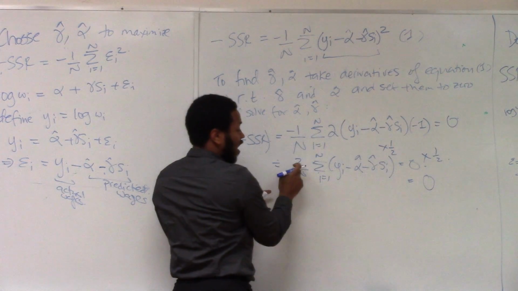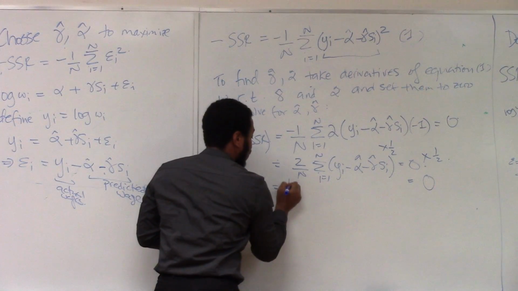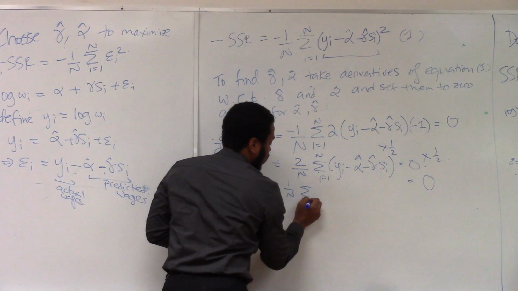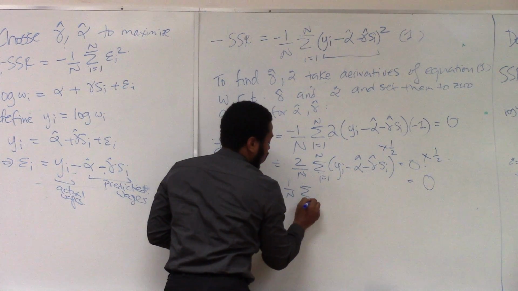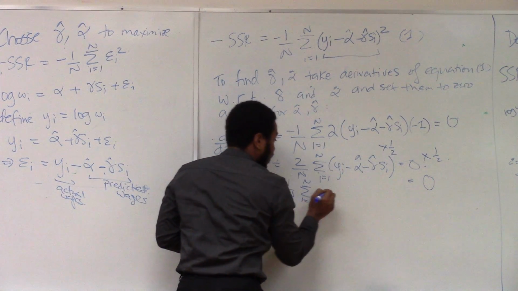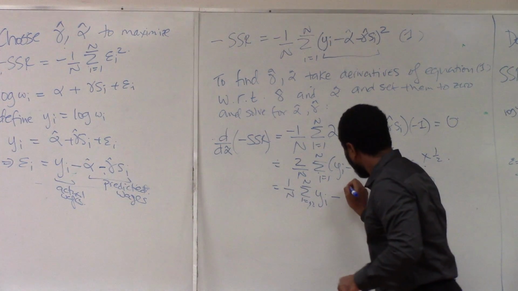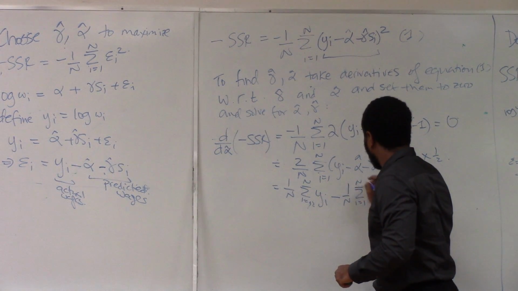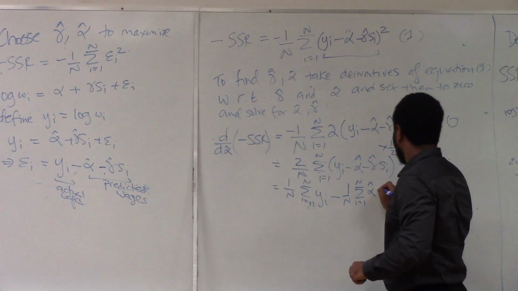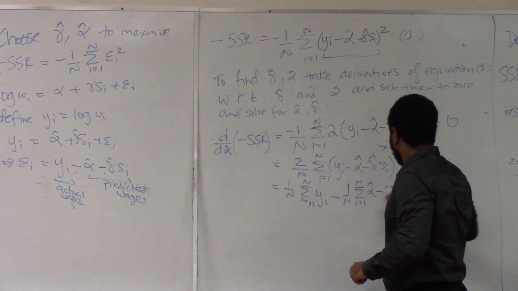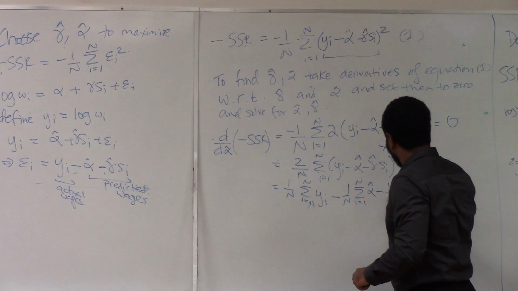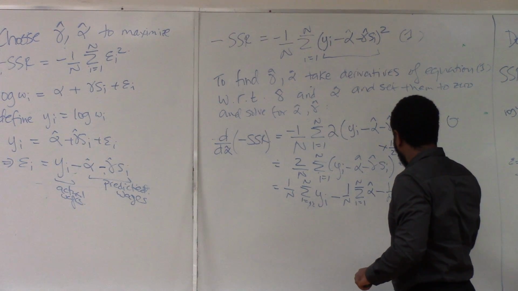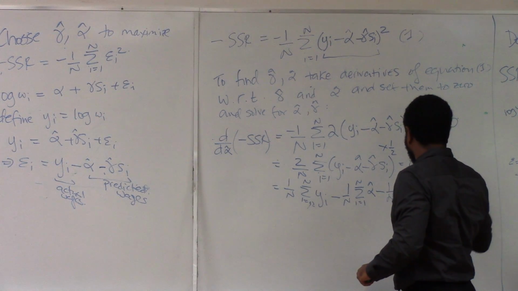Now when we multiply this by a half, this 2 becomes just 1, and so we end up with 1 over n, and I'm going to break this out into the component terms. The sum from i equals 1 to n of yi, minus 1 over n, the sum from i equals 1 to n of alpha hat, minus 1 over n, the sum from i equals 1 to n of gamma hat si, is equal to 0.